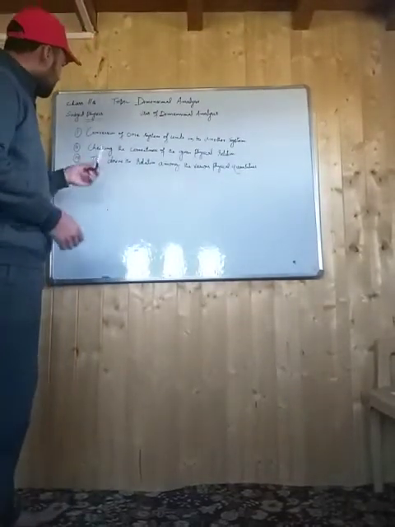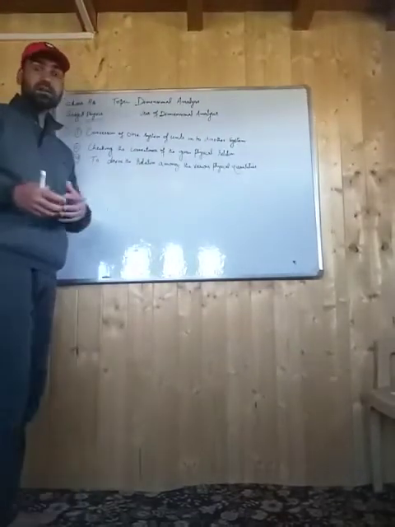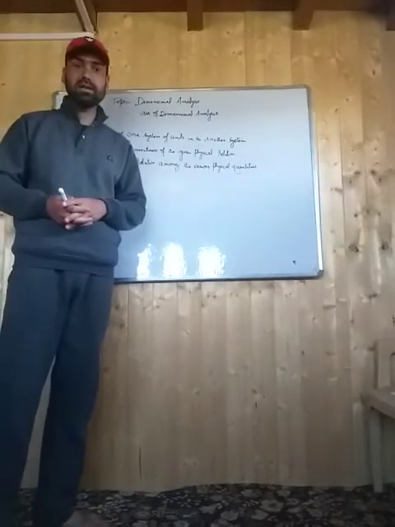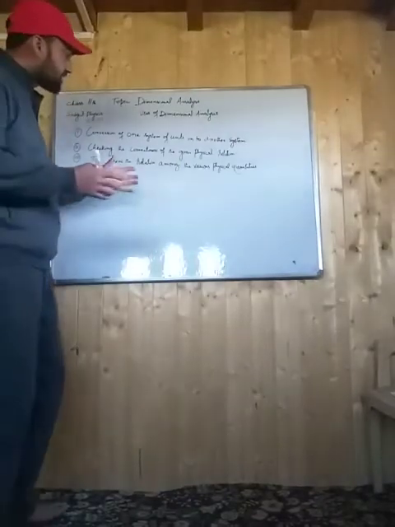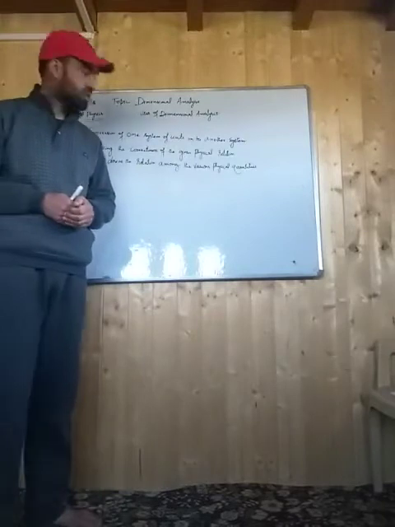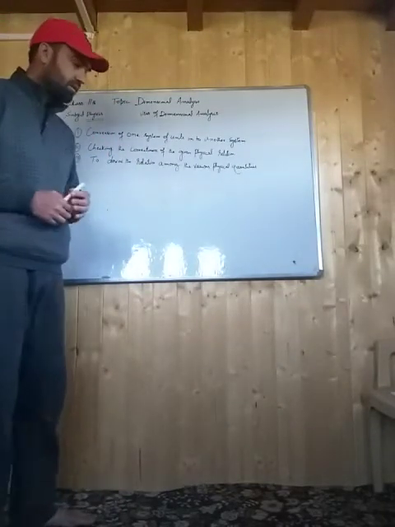Number two, we can check the correctness of a physical relation, whether the given physical relation is dimensionally correct or incorrect. Similarly, number three, we can derive the relationship among the various physical quantities involved in the relation. Now we will discuss one by one. We will derive the formulas one by one.